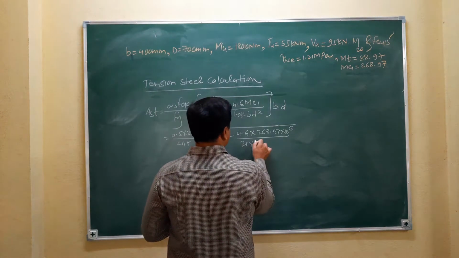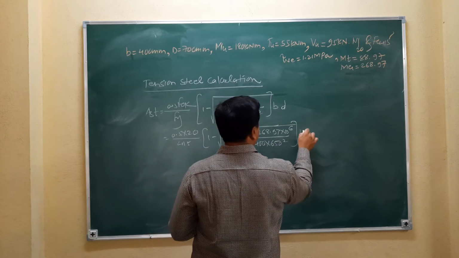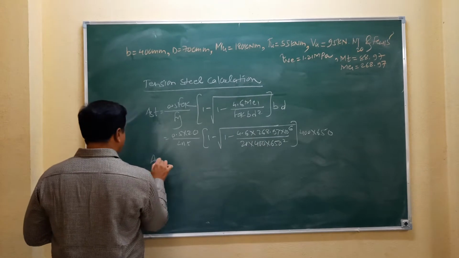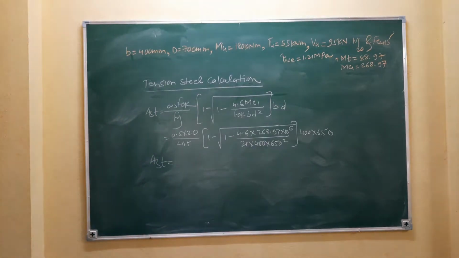fck is 20, width is 400, 650 square, 400 into 650. So what is the steel?